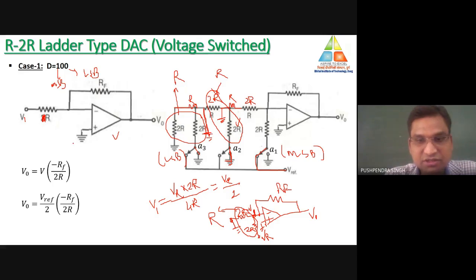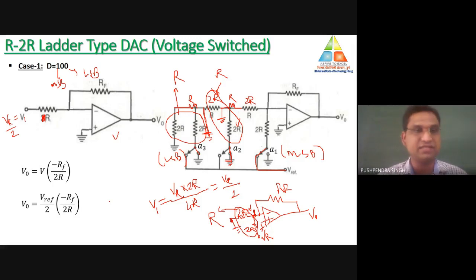V1 we have calculated as how much? V1 is equal to VR divided by 2. So this is V reference divided by 2. Now that will be connected in series with resistance R, and feedback resistance RF is connected to output. So this is the simplified circuit.